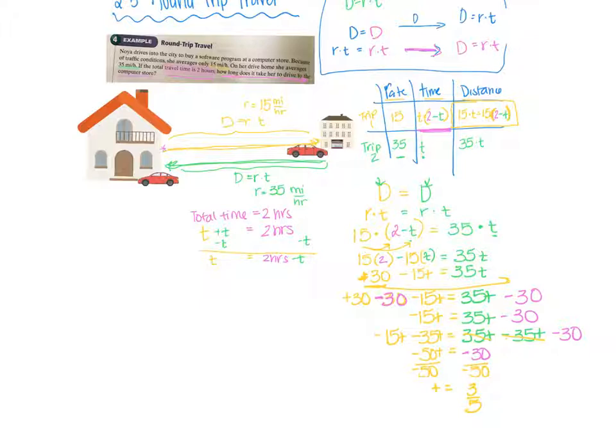If I'm up here looking at my chart, if I look at trip 1, it took me 15 miles an hour, and this was my time. So the time for trip 1 is t equals 2 hours minus t.